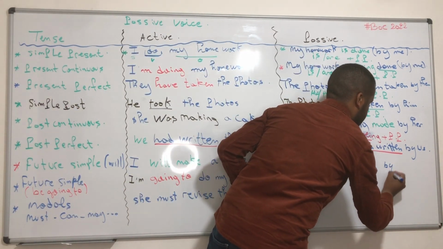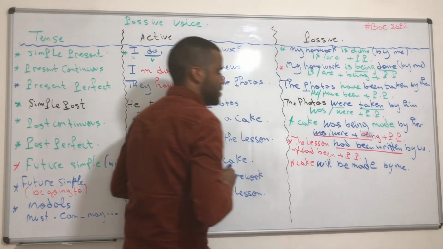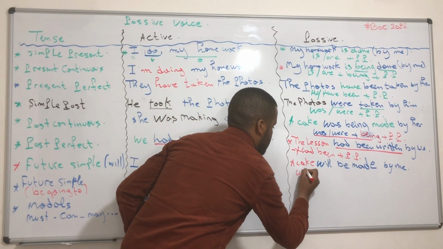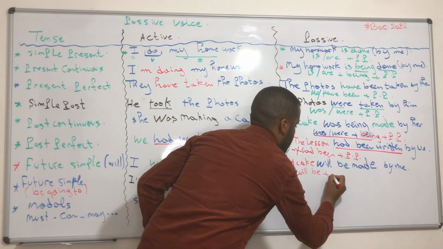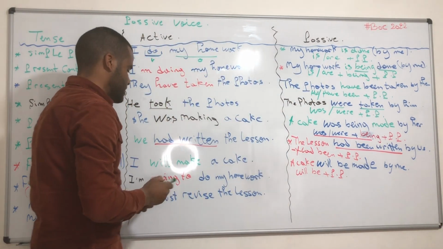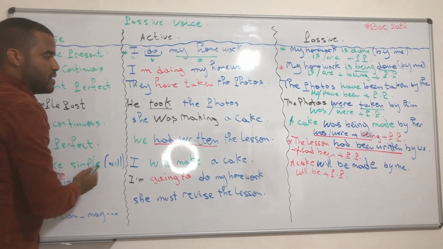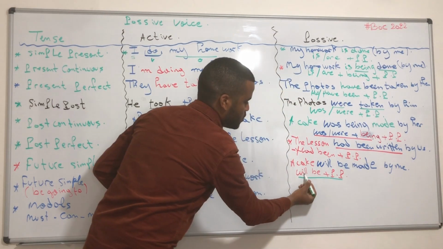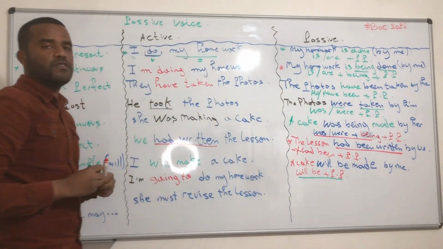So the rule that we follow is will be plus the past participle of the verb. يعني غنديرو إلا كانت عندنا future simple with will نحاولو نتبعو هاد القاعدة اللي عندنا هنايا يعني will be plus the past participle of the verb.